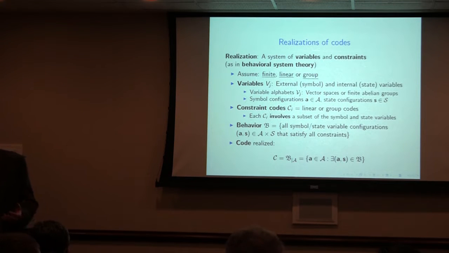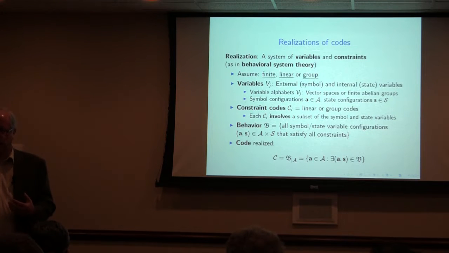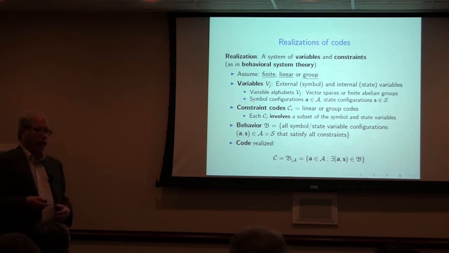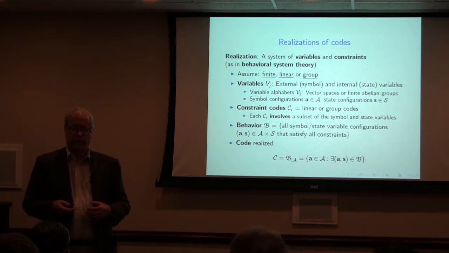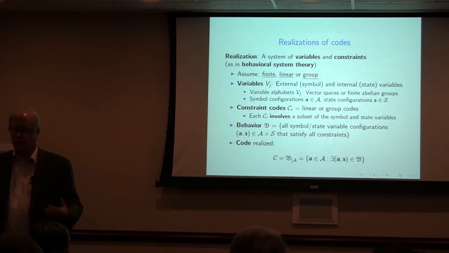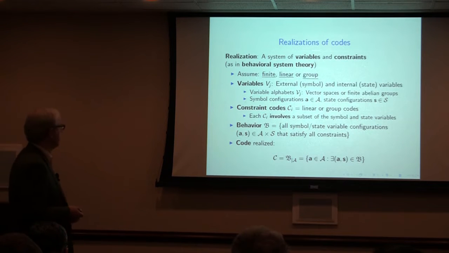The variables can be either the external variables, which in our case would be the actual code symbols, the ones that actually go out to the channel, and then there are internal variables, often called state variables, that we, the designers of the code, introduce for some purpose, usually to make things nicer.